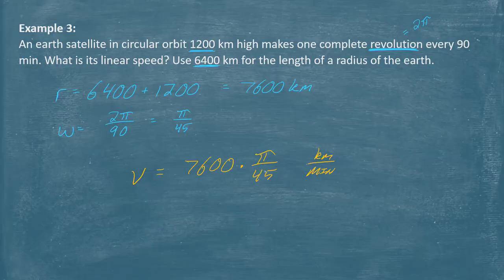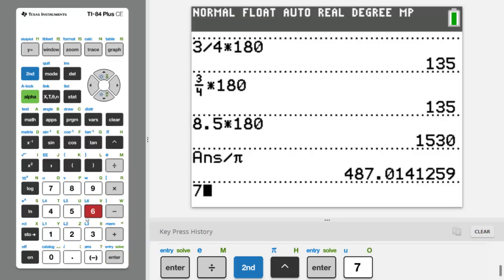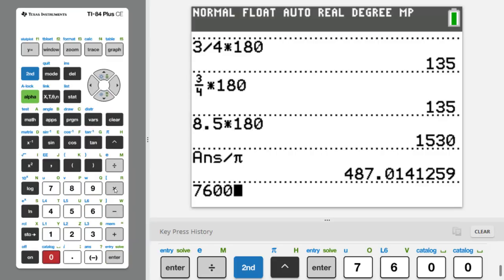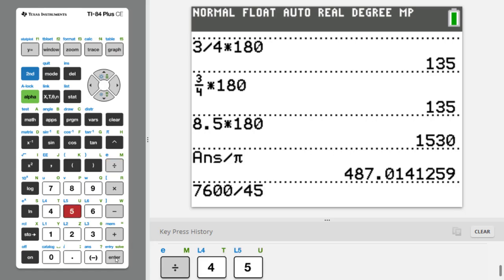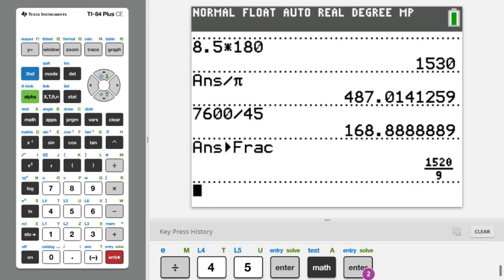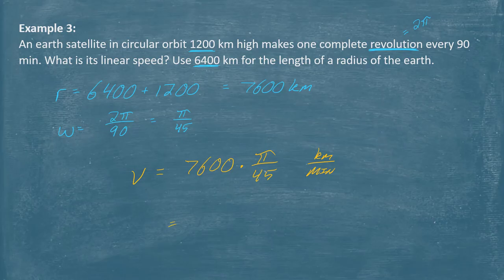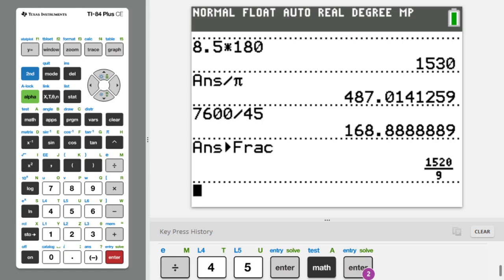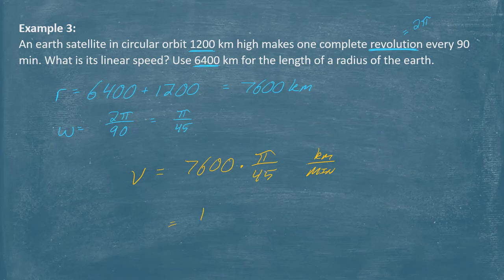So if we go ahead and try and see if that simplifies, 7,600 divided by 45, let's just see if that turns into a nice fraction. I guess I could have used the fraction template, but 1520 over 9, and then that would be just times pi. So 1520, hopefully I typed that in right. Yep, so 1520 over 9.